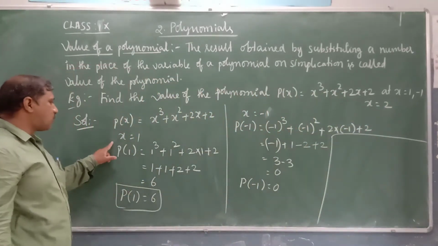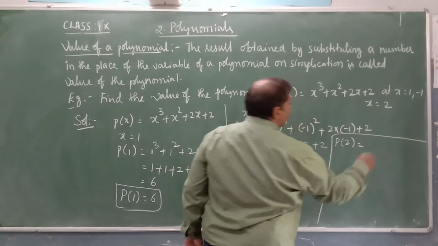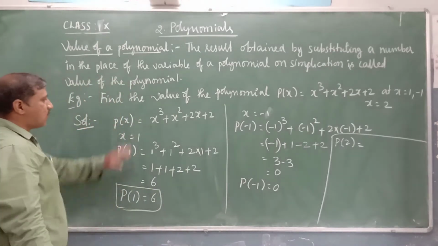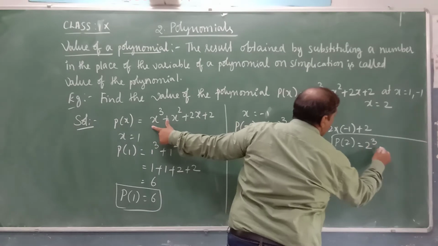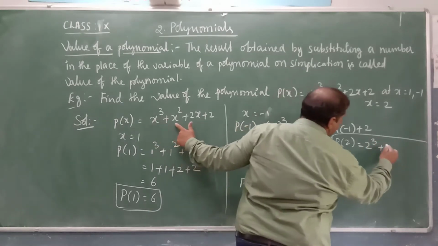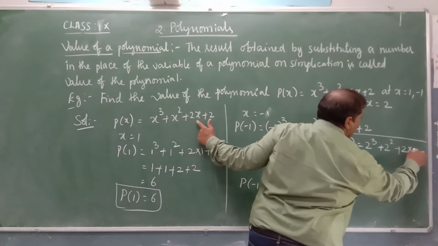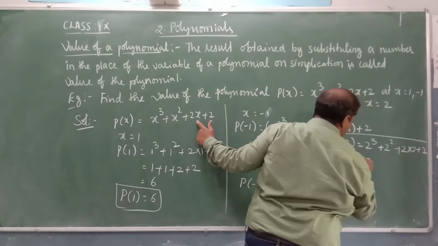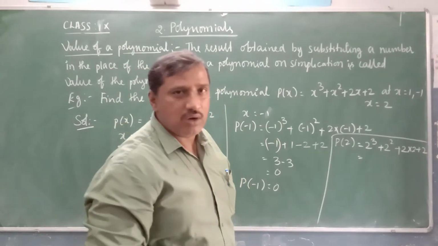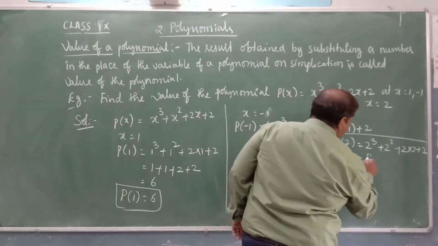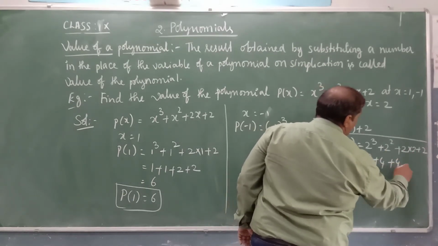If x is equal to 2, then p of 2 is equal to 2 cube plus 2 square plus 2 into 2 plus 2. Now simplify. 2 cube is 2 into 2 into 2: 2 2s are 4, 4 2s are 8, plus 2 square is 4, plus 2 into 2 is 4, plus 2.